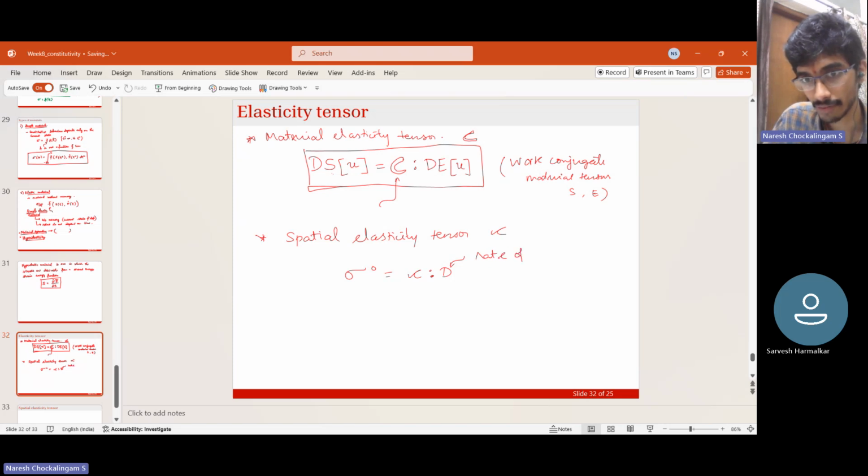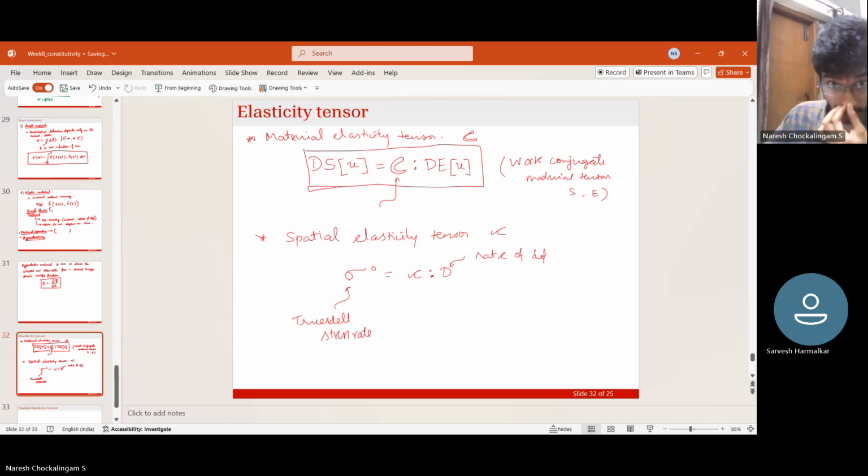So this is the rate of deformation tensor, and stress rate. This is the true stress rate. So this is obtained by taking the directional derivative of these quantities in the direction of velocity, and then we carry out a push forward operation. So this is the spatial elasticity tensor. This is a material elasticity tensor.